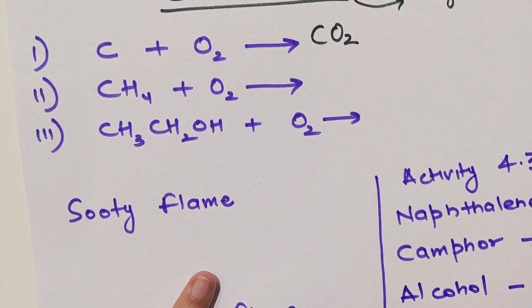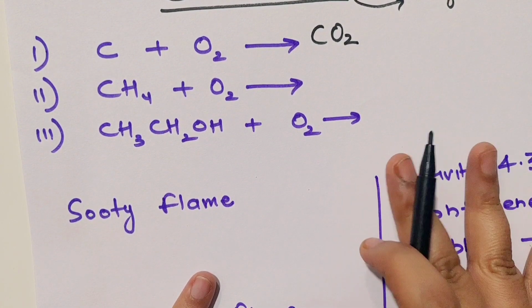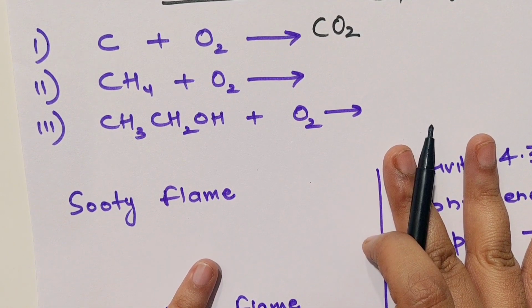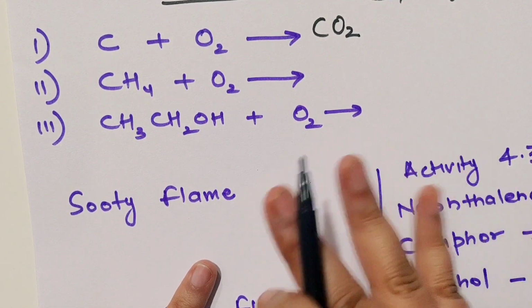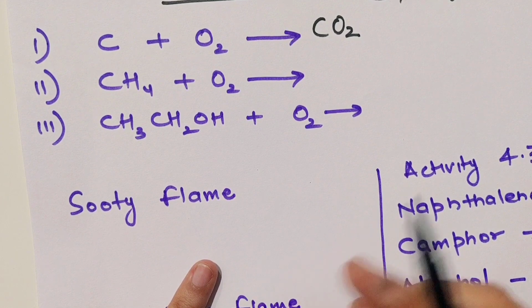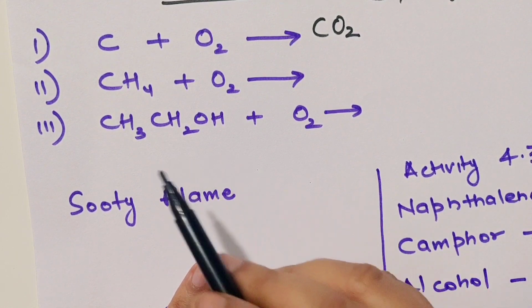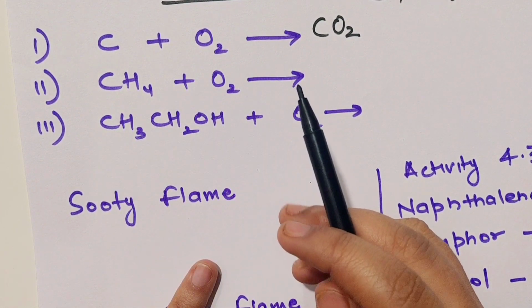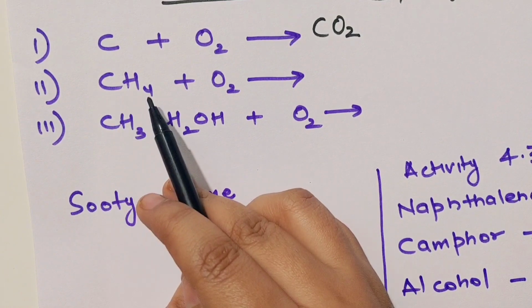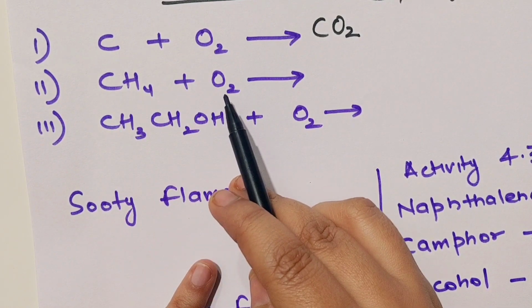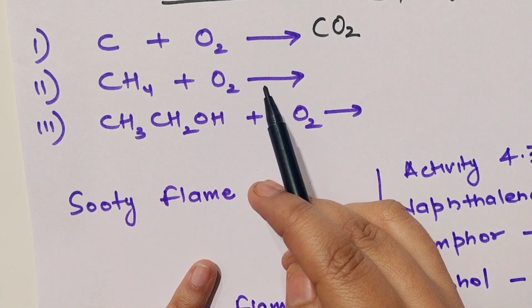Nothing else is possible. There's no other element here. When we talk about carbon compounds such as methane, ethane, propane, butane, or any other hydrocarbon which has carbon and hydrogen, when that is combusted in presence of oxygen, there are two products possible.